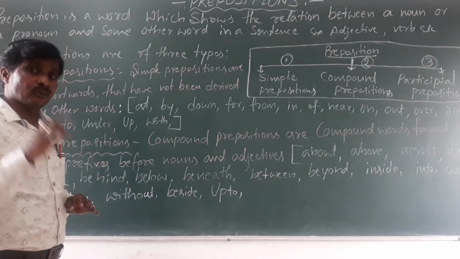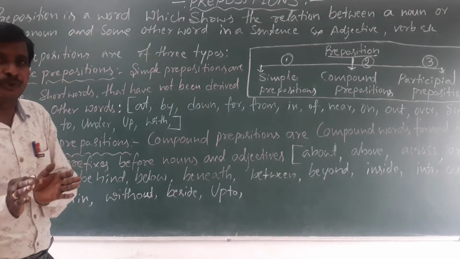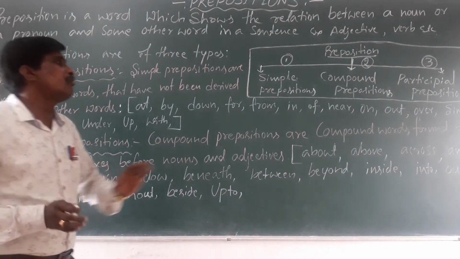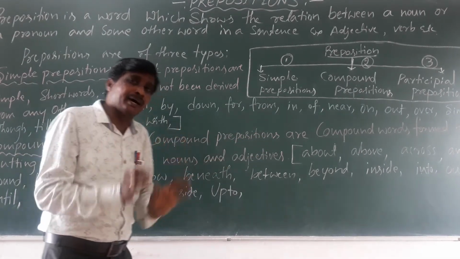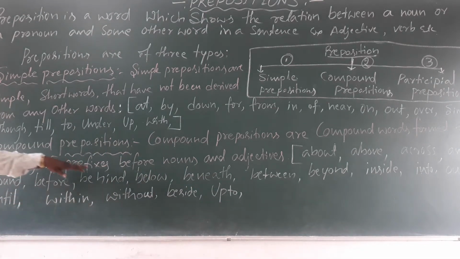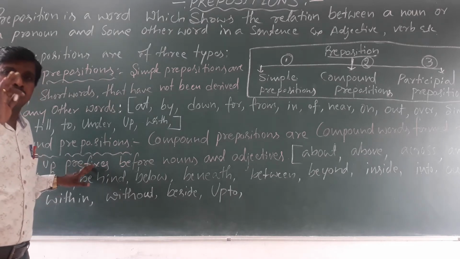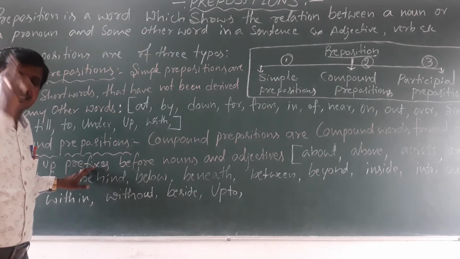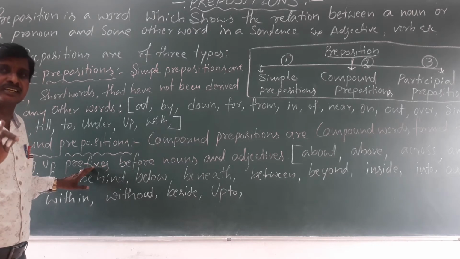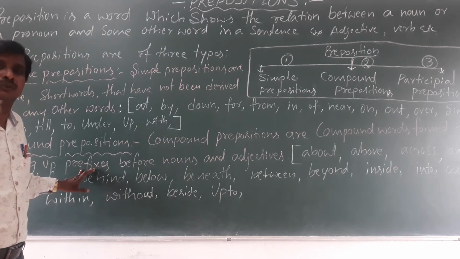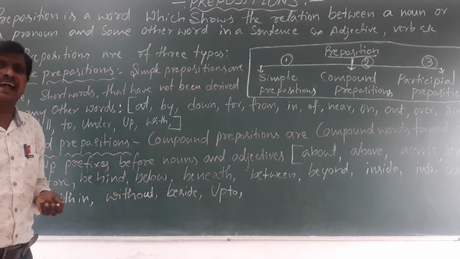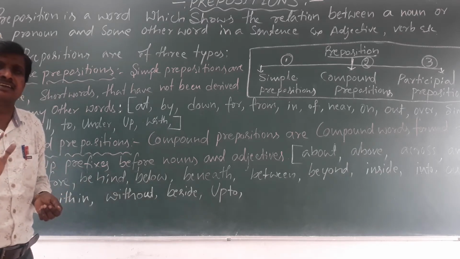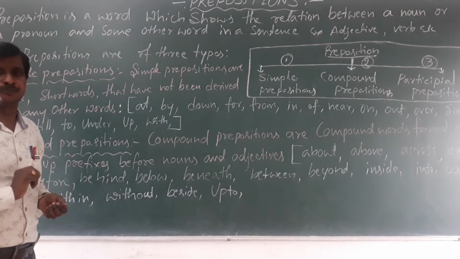Okay? Listen one more time. Compound prepositions are compound words formed by putting up prefixes. I will tell you what are the prefixes, suffixes, and infixation in word formation; I will explain these topics in detail there. Prefix means add a word or a letter before the root word.